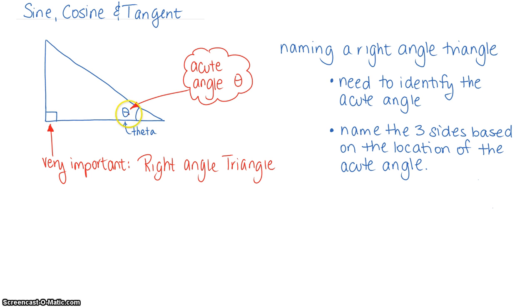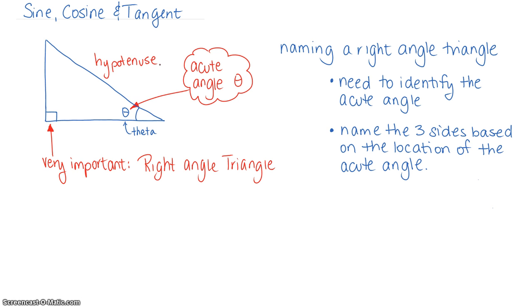Now when we're looking at this angle, there are three things we have to name. 1, 2, 3 sides. Now one of them is based on what you've seen already in terms of the Pythagorean theorem. The side that is opposite the 90-degree angle is your hypotenuse. So that hasn't changed. And no matter which acute angle you look at, the hypotenuse is always the hypotenuse.